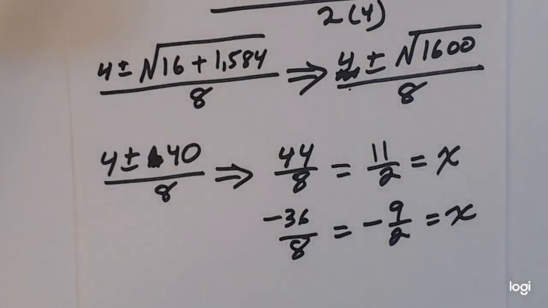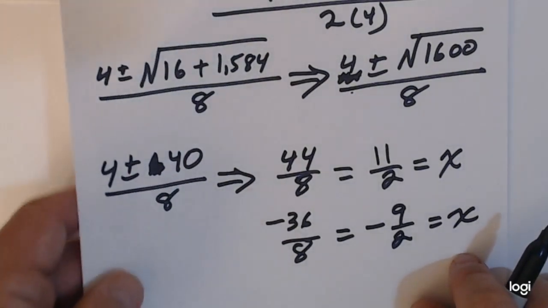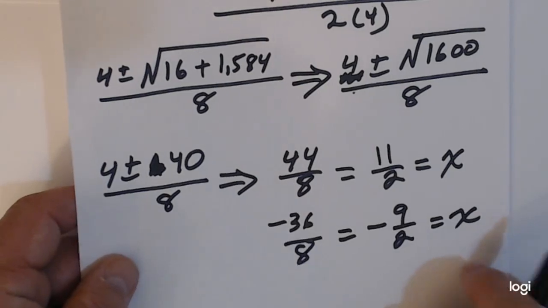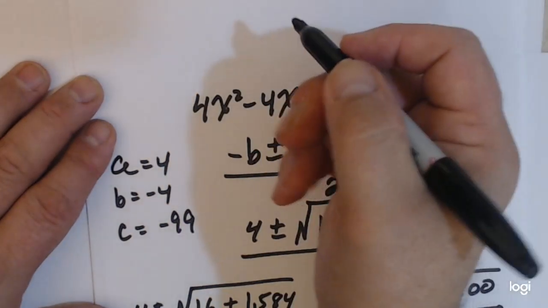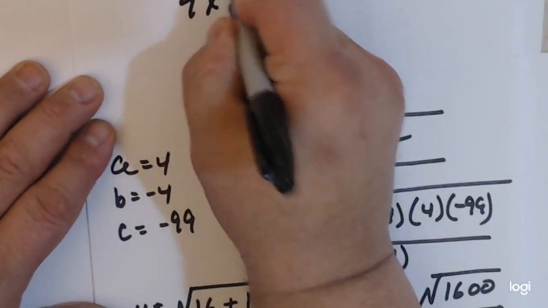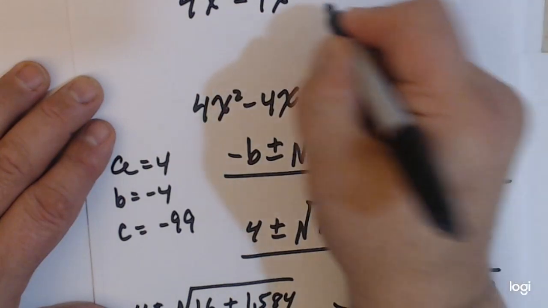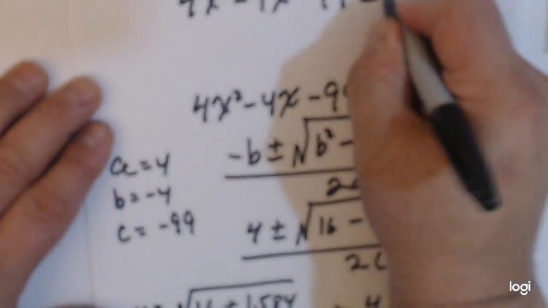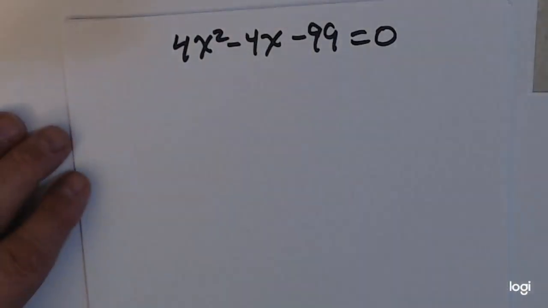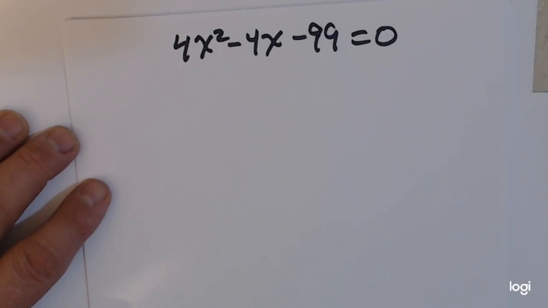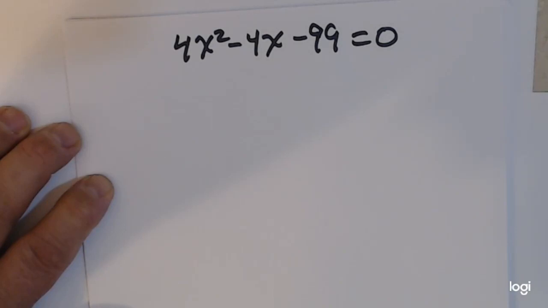Let's take a look at what this graph looks like. So let me copy the equation here, 4x squared minus 4x minus 99 equals 0. Now, 9/2 is not approximately, it's 4.5, and 11/2 is 5.5.